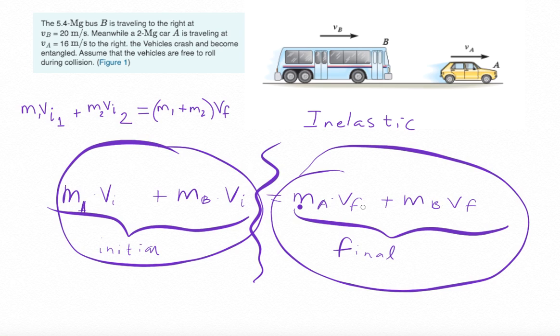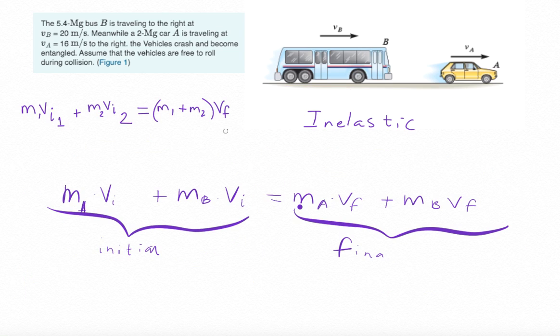But in this case, we're not going to be dealing with direction. If you're dealing with a 2D problem, you break it up into x components, and then you have the same equation for y components. But in this case, we're just on one straight line, so we don't have to worry about that.